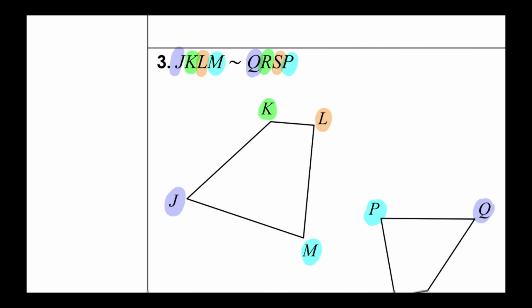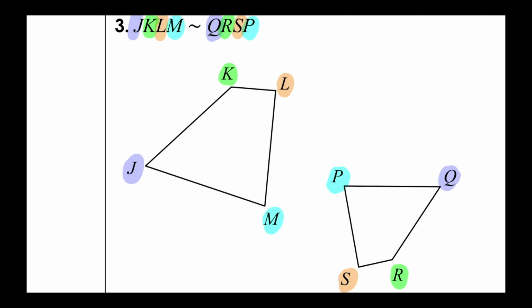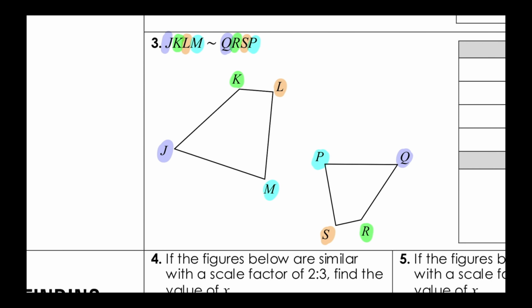And I did that on the diagram. L and S are third, so they match. So I painted them orange. And I did that on the diagram. And then M and P are last, so they match. So I painted them blue, and I did that on the diagram. And if I look here, this is the small quadrilateral, and this is the large quadrilateral.